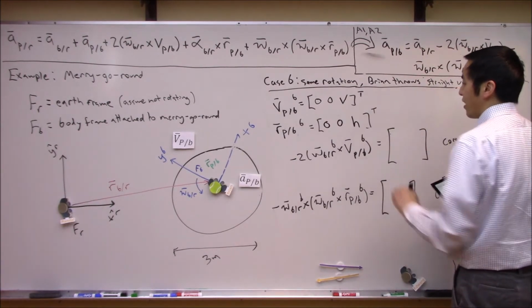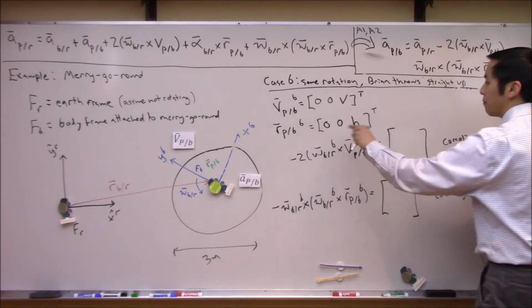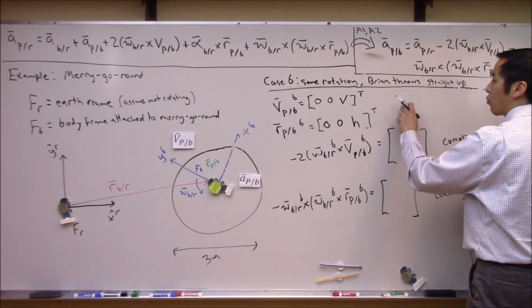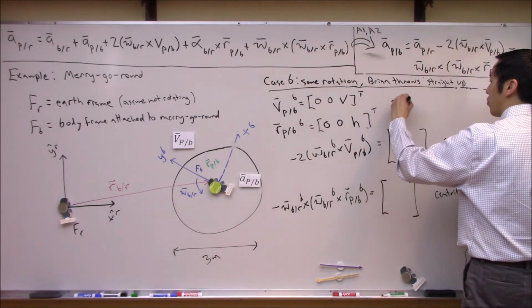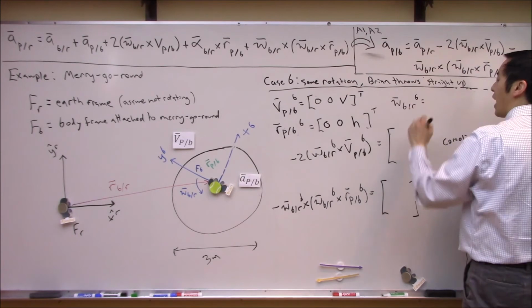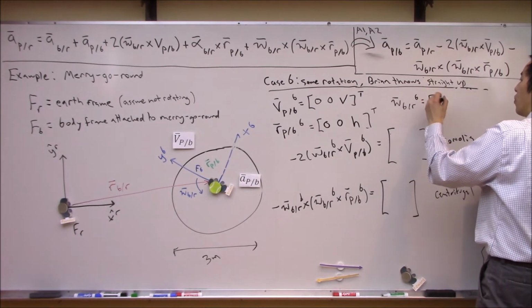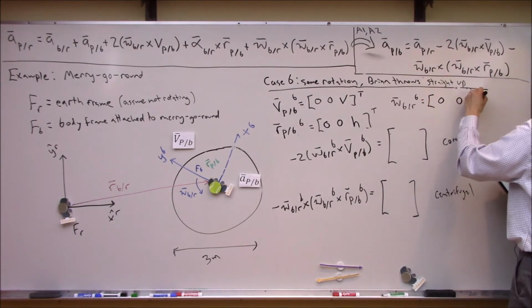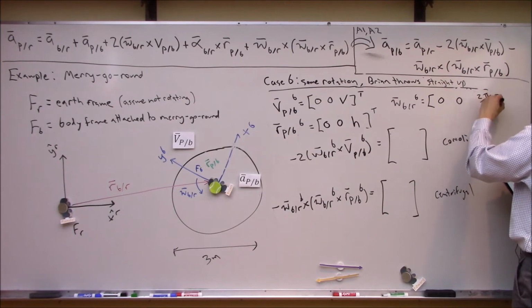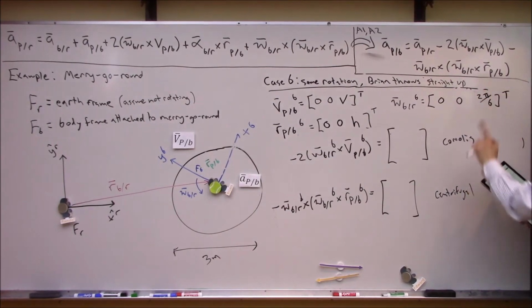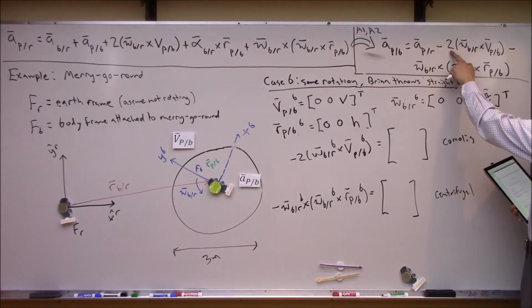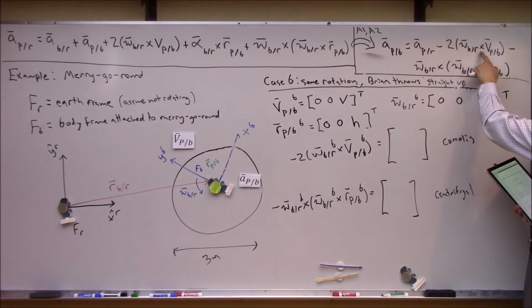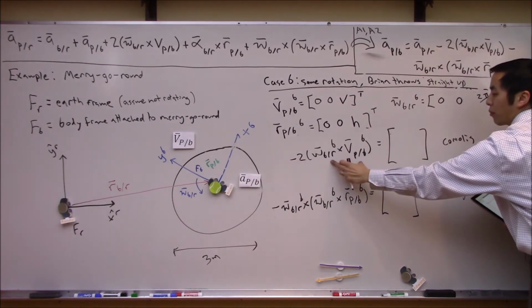So what's interesting here is, and maybe what is worth writing down here is, again, omega b with respect to r expressed in the body frame. We said this was 0, 0, and some number, 2 pi over 6, I think, right? So look at this here. This is interesting. 2 times omega b with respect to r cross v, this term, right?